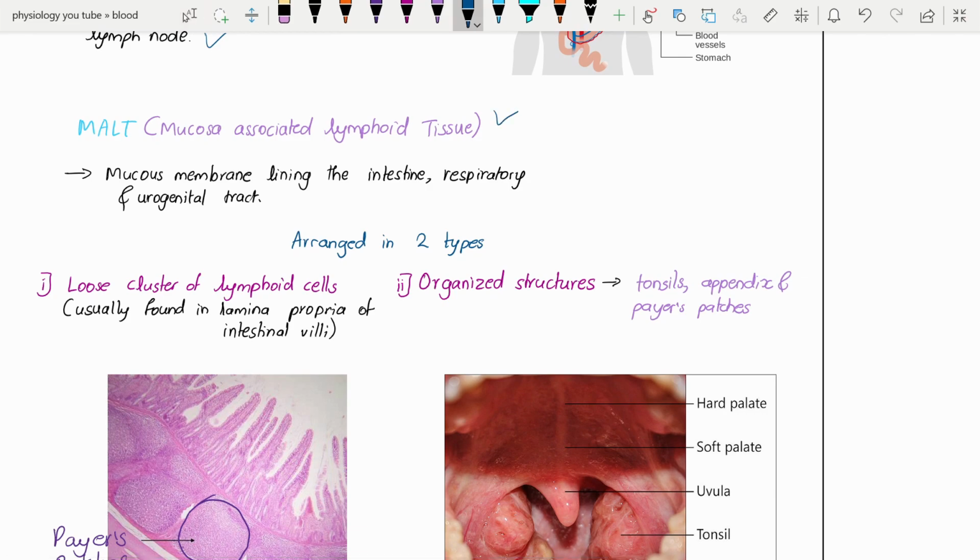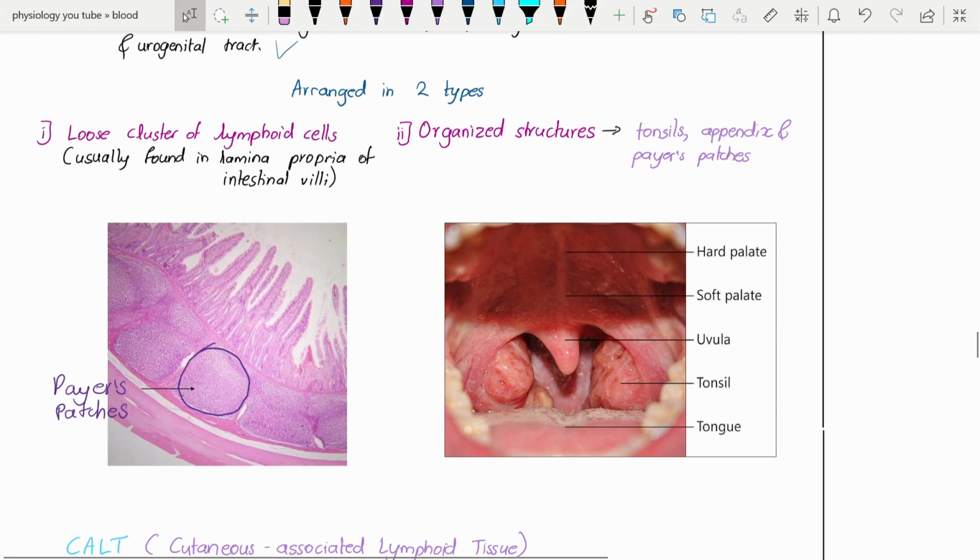MALT, the mucosa associated lymphoid tissue, lines the mucous membrane of the intestine, respiratory and urogenital tract. These are arranged in two types.